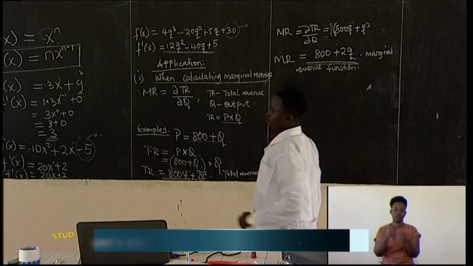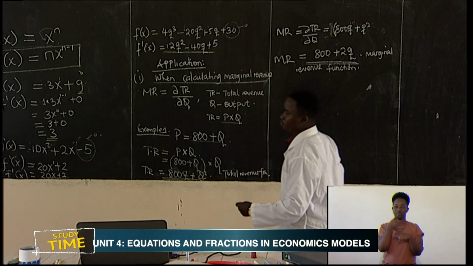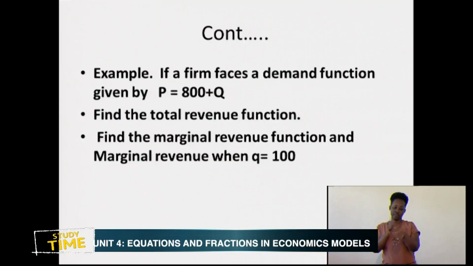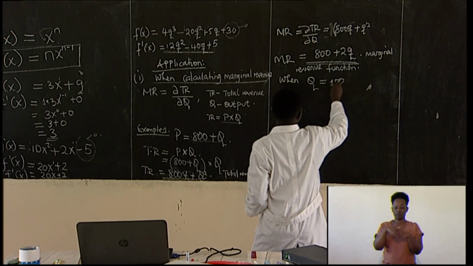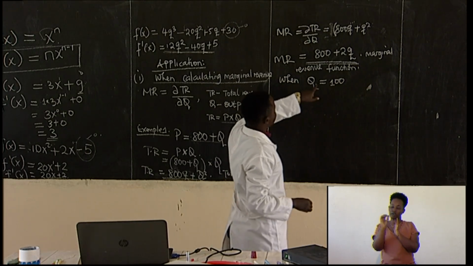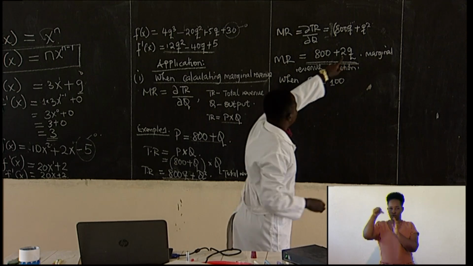Now, you continue. They are saying you get the marginal revenue when output is 100. That is very simple. You just substitute Q in your marginal revenue function.